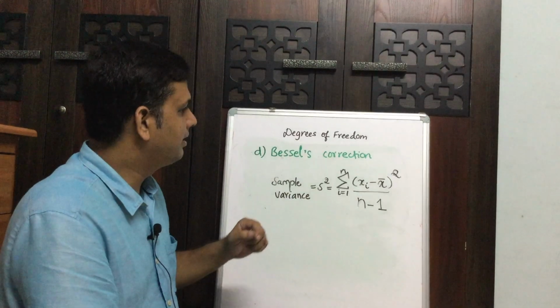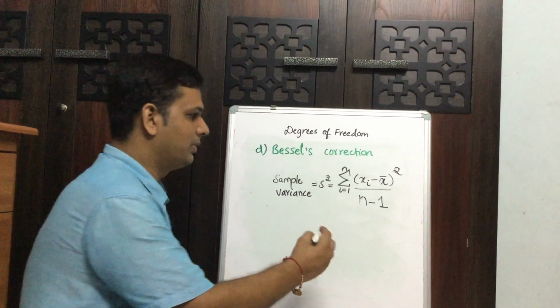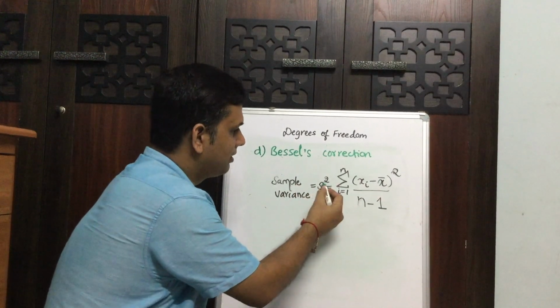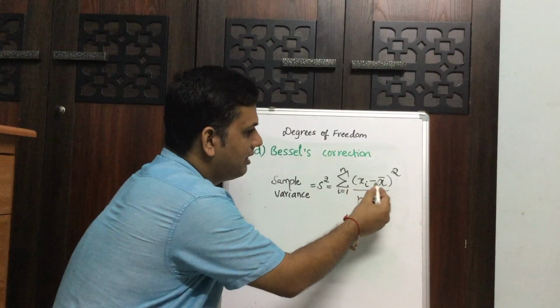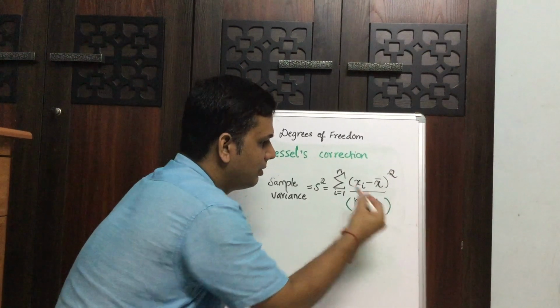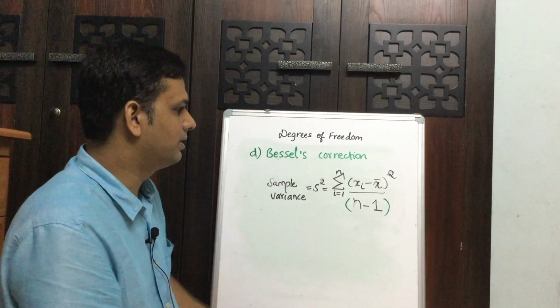Let us understand one more concept, Bessel's correction, in this video. The formula for estimating the sample variance S square is summation of xi minus x bar square divided by n minus 1. Here you can see the denominator, instead of n, it is n minus 1. What could be the reason?